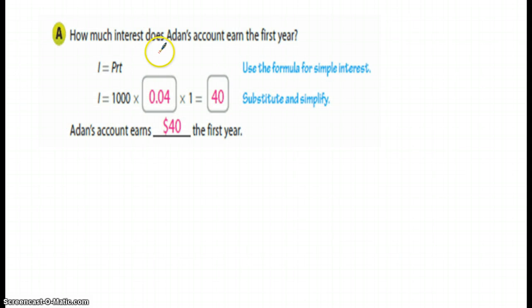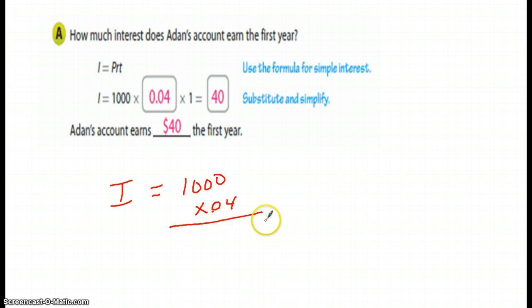Okay, so how much did Adam's account earn for the first year? Well, we have the interest is equal to 1,000 times, and I'm going to put this here, and then times 1.